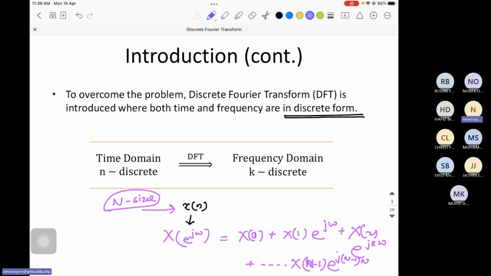I'm saying this x of n discrete sequence has values from 0 to capital N minus 1 because N is the size of the sequence.